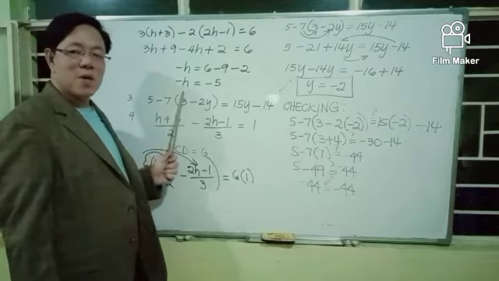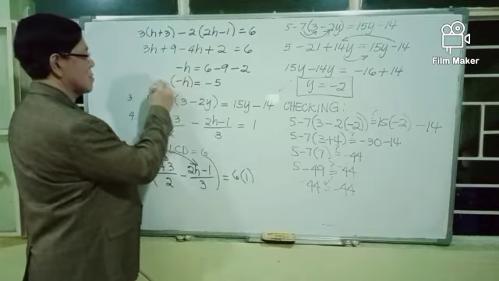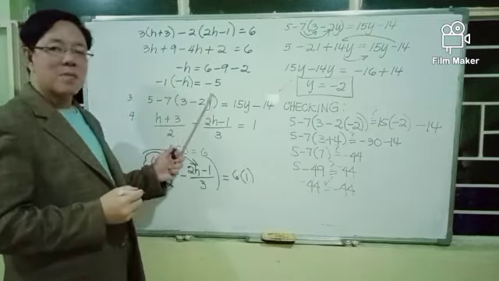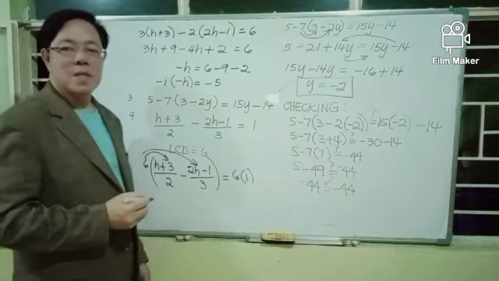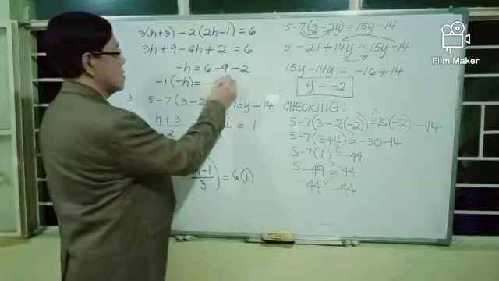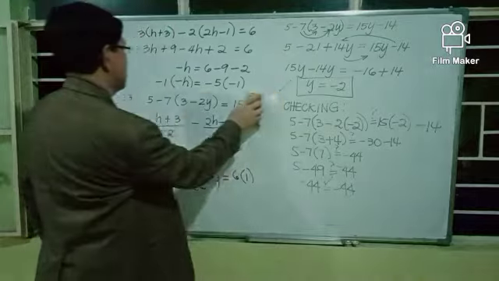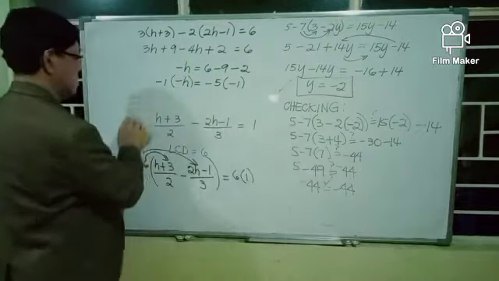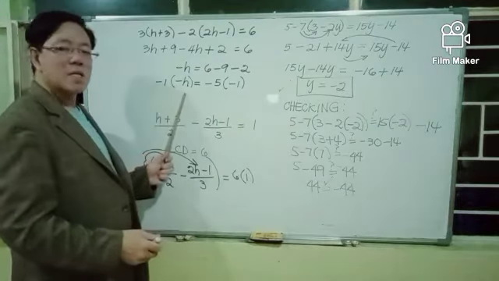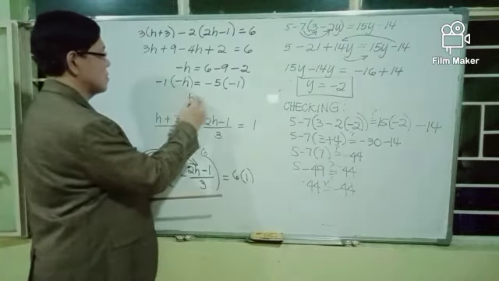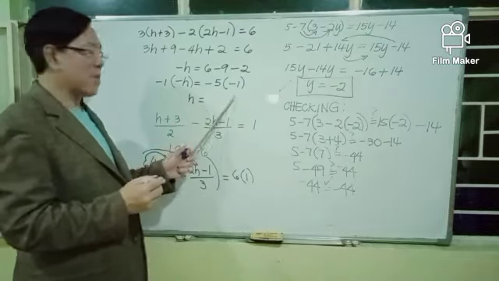The left-hand side, negative h, we multiply by negative 1, and negative 5 at the right-hand side, we multiply also by the same number, negative 1. And we have negative 1 times negative h is positive h, and negative 5 times negative 1 is positive 5.